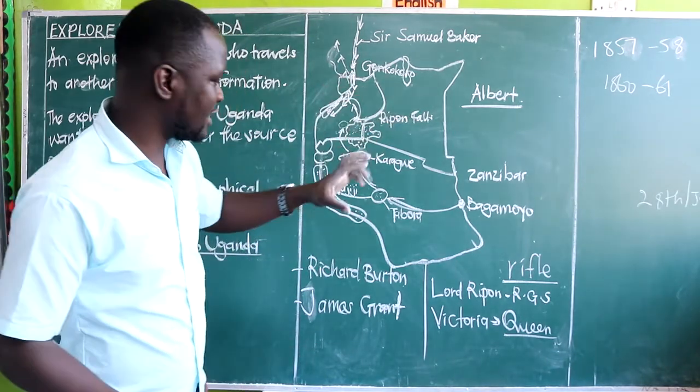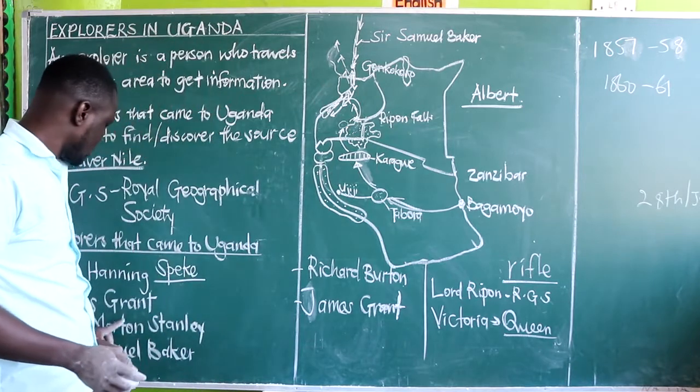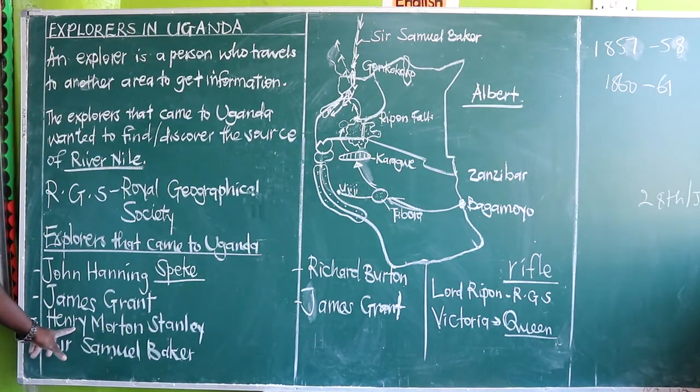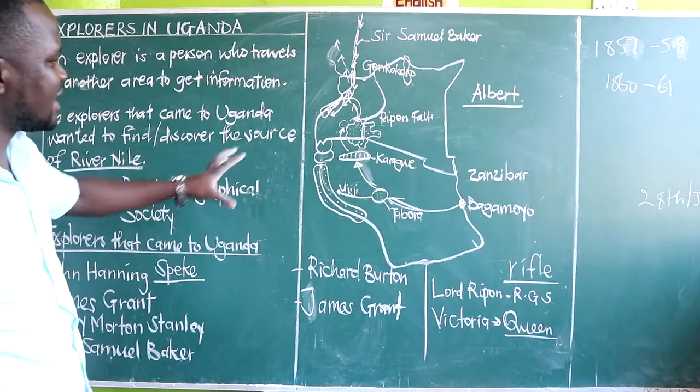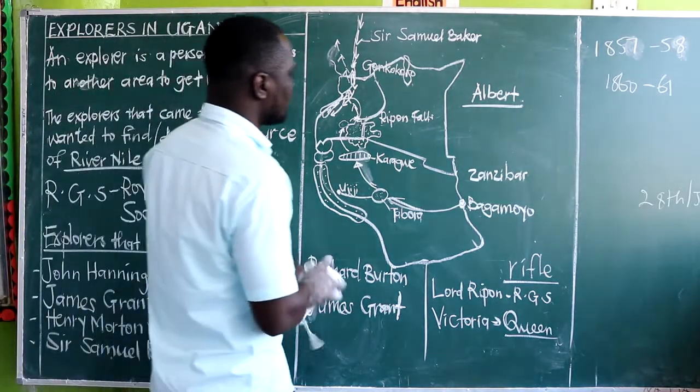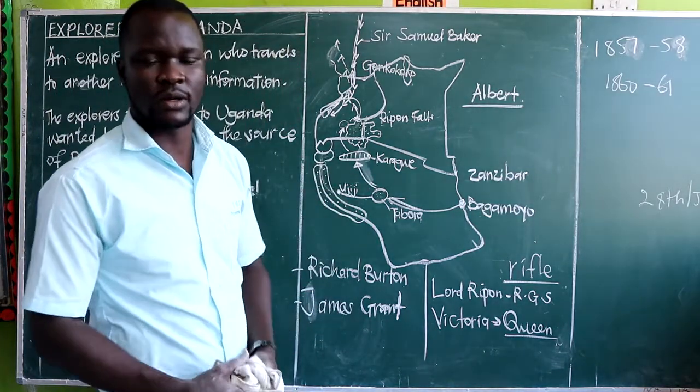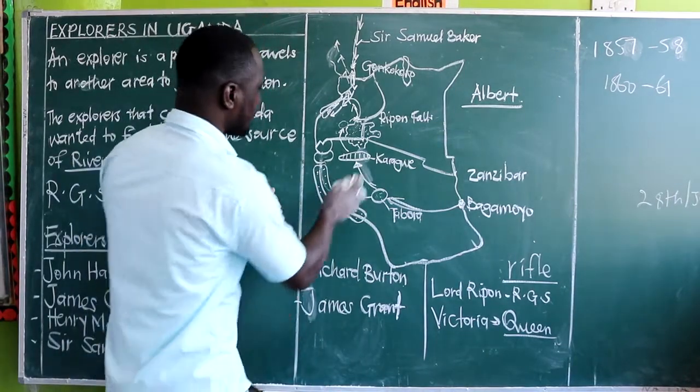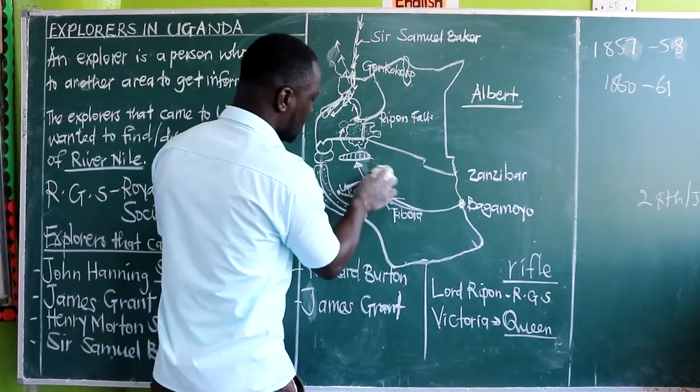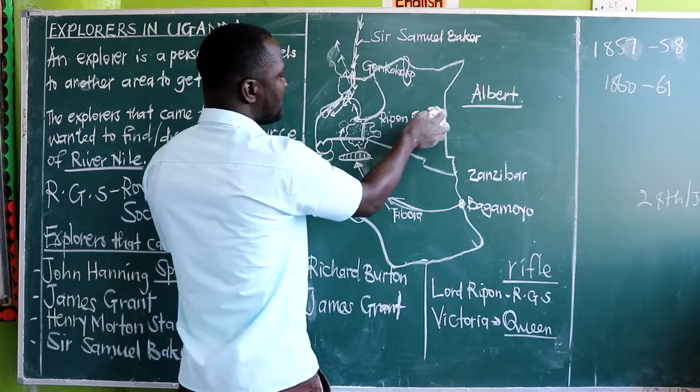Therefore, Henry Morton Stanley, the one we call H.M. Stanley, was sent purposely to prove the findings of John Speke. We need to be very careful with this information, because sometimes we end up mixing this.